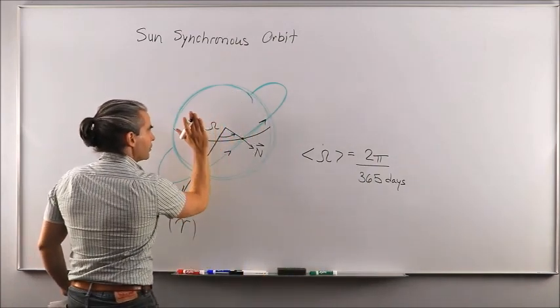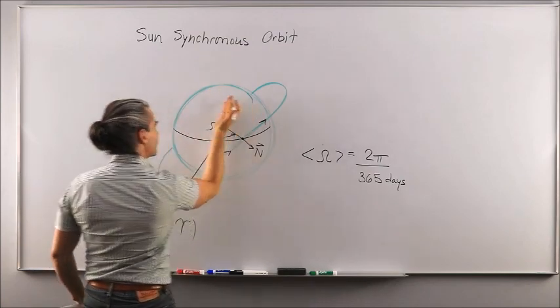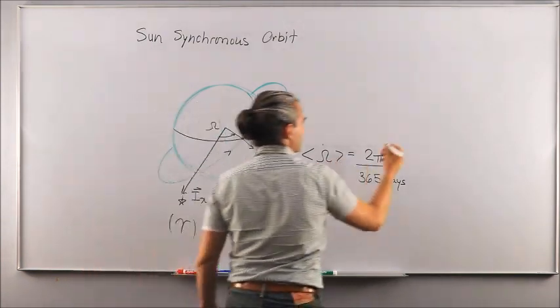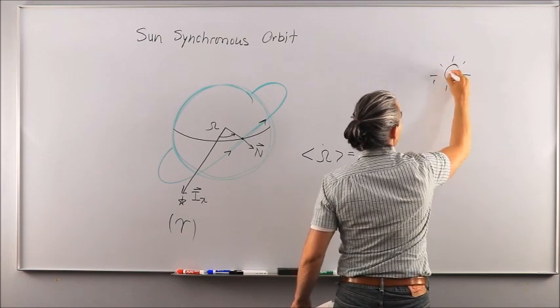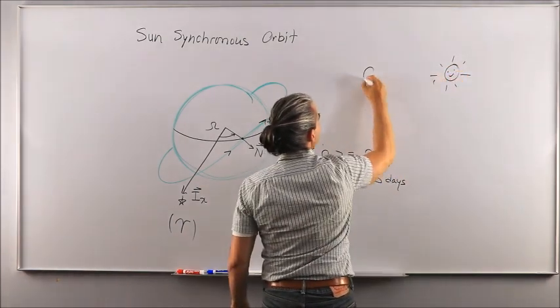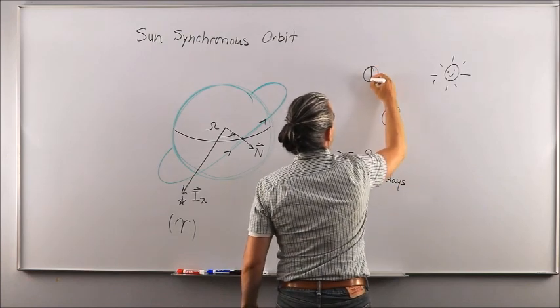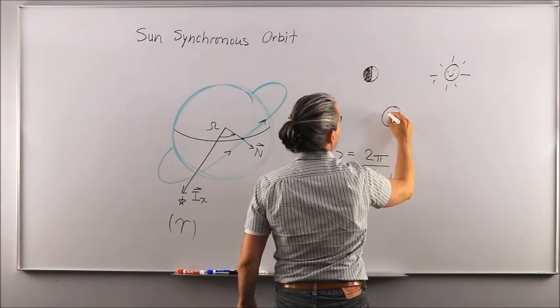So the orbital plane would rotate about the spin axis of the Earth and complete 1 full revolution in 1 year, such that if you just zoom on one section of the Sun-Earth system, this is your shadow of the Earth.